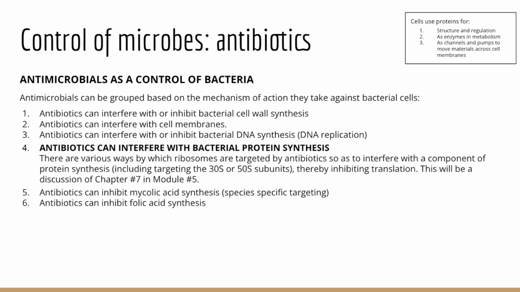We also have antibiotics that can interfere with or inhibit bacterial protein synthesis. Once inside bacteria, some antibiotics can bind irreversibly to sites on the ribosome or otherwise inhibit ribosomes from undergoing protein synthesis. And in doing so, they can target differences between prokaryotic and eukaryotic ribosomes. Remember, prokaryotic ribosomes have a 70S structure.